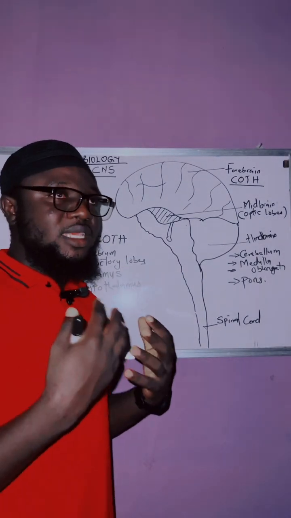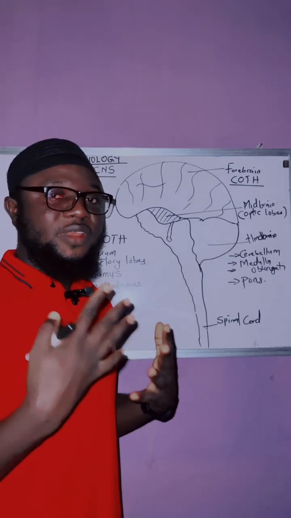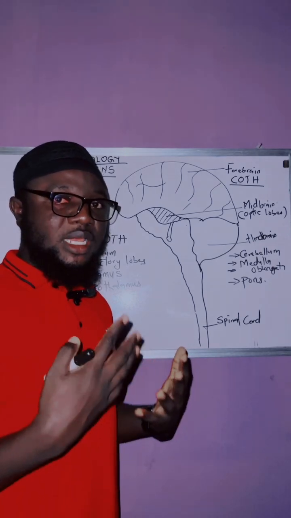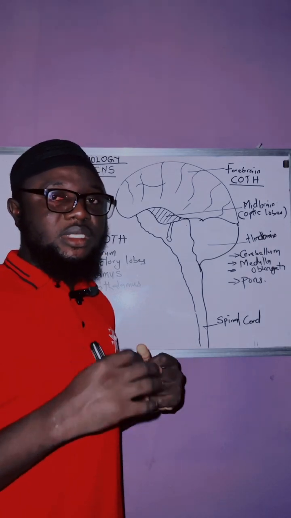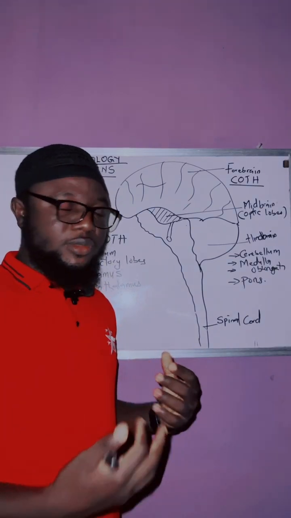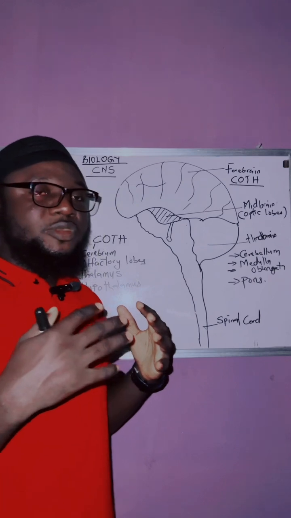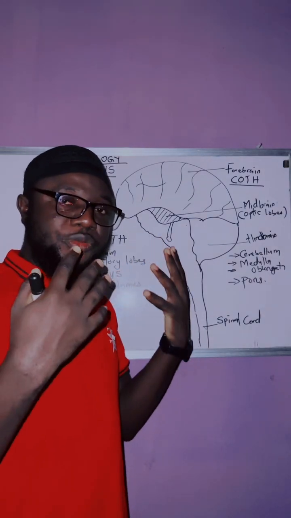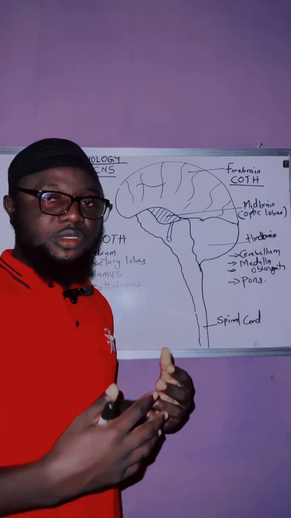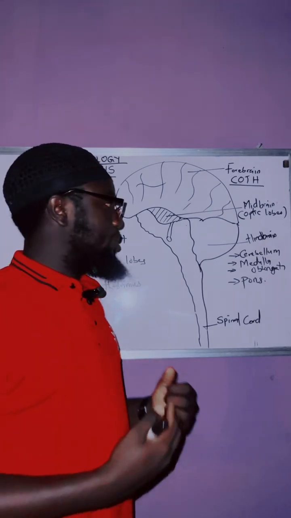Say someone has an accident and starts feeling excessive thirst or need for water, that means the part of the brain that has been affected is the hypothalamus. Also, when someone has a head injury and starts to have abnormal temperature, that can also suggest the hypothalamus.